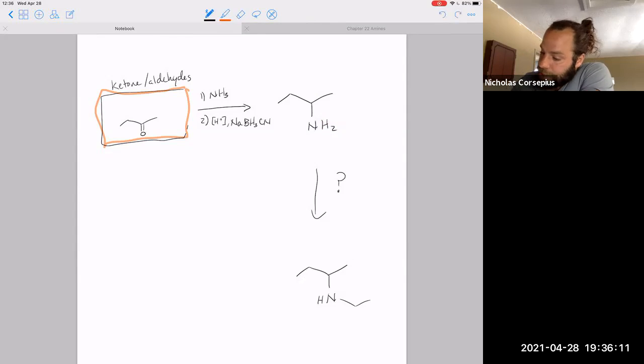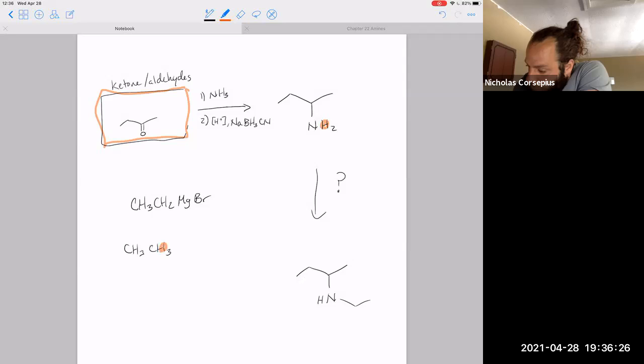So if we tossed in, let's say, CH3CH2MgBr with this amine, all that's going to happen is this hydrogen here is going to be replaced and we're going to get CH3CH3, where our Grignard, instead of doing what we want, which is for it to act as a nucleophile, right? That's why we would use a Grignard. But whenever you have a donatable proton, it's going to act as a base.